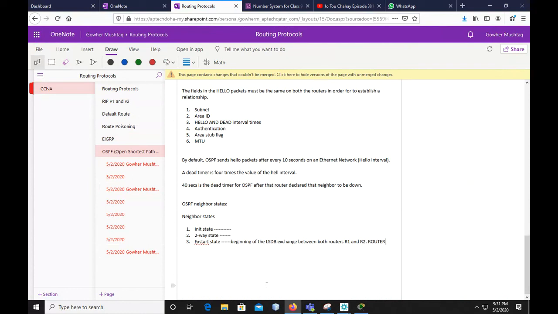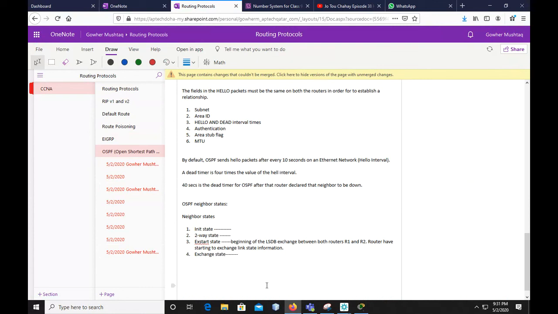So at this stage, routers have started to exchange only link information, which is just the basic information, link state information, you can say.